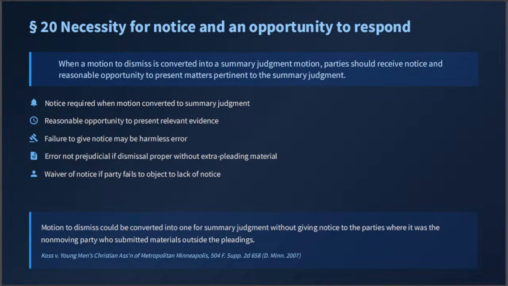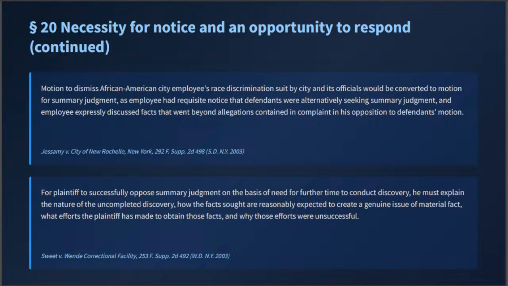All right. Let's see here. Here we go. Okay, continue with section 20 here. This one is from Judgement versus City of New Rochelle, New York, 2003, Southern District.